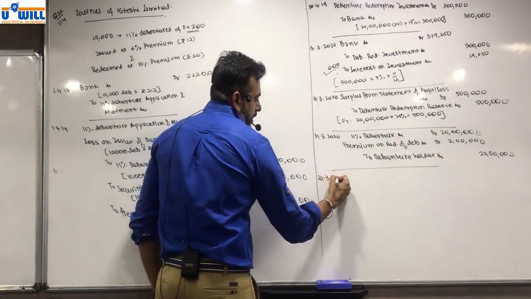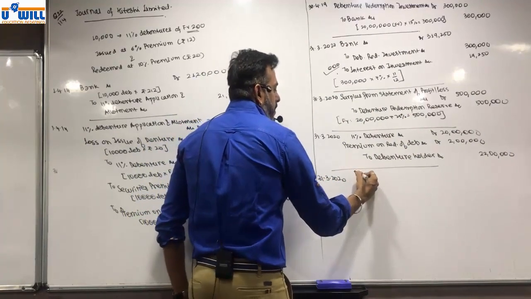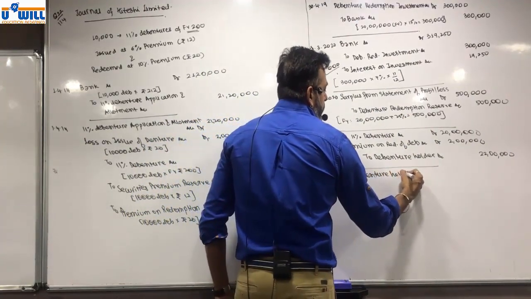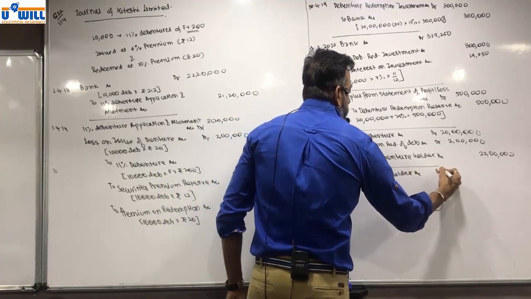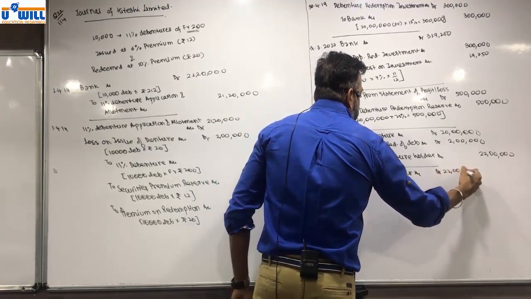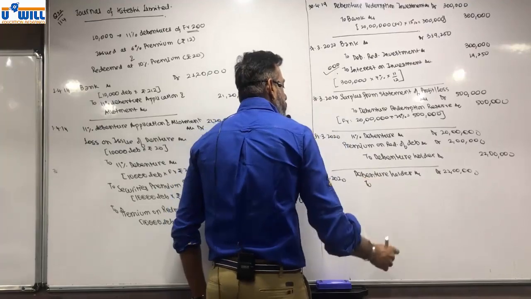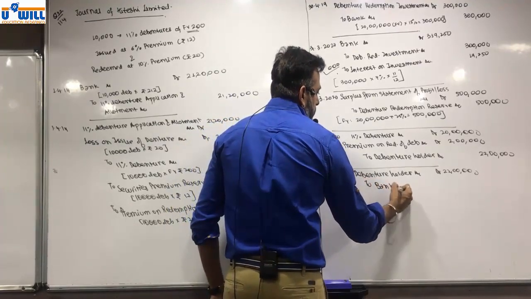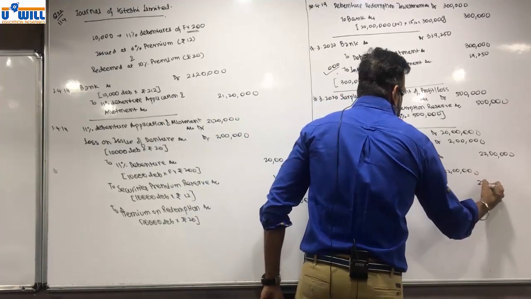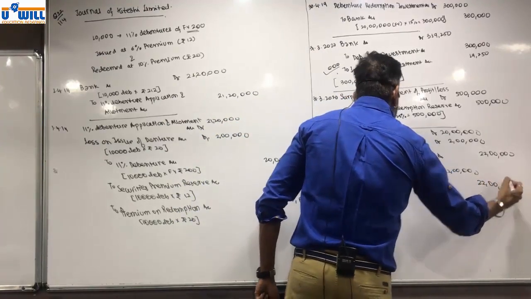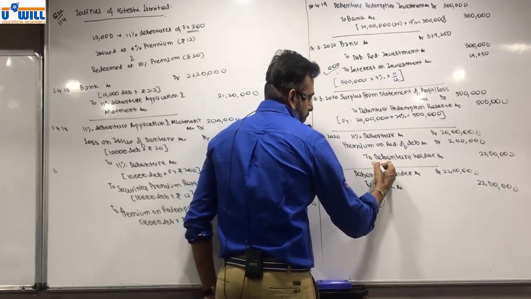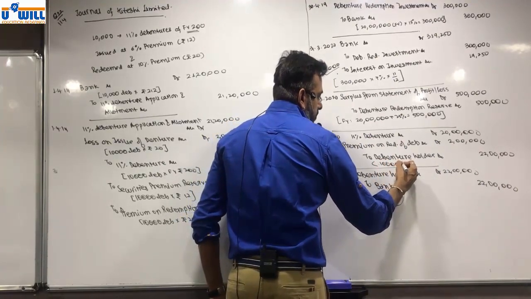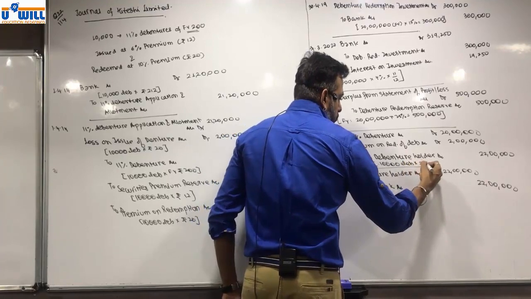And 31/3/2020 debenture holder account debit 22 lakhs to bank account 22 lakhs. You may write in bracket over here if you want, 10,000 debentures into 220.